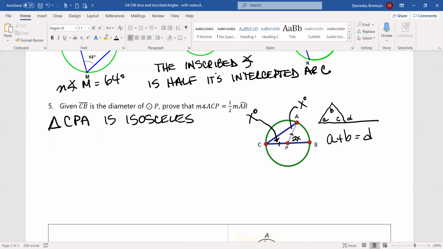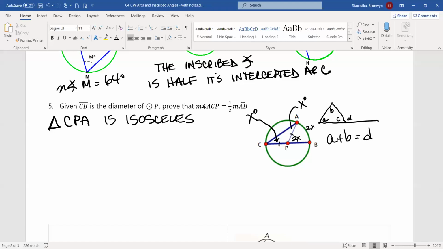And if that central angle equals 2x, then arc AB has to equal 2x. So, by the exterior angle theorem and the isosceles triangle theorem, we've been able to prove that angle C is x and arc AB is 2x.